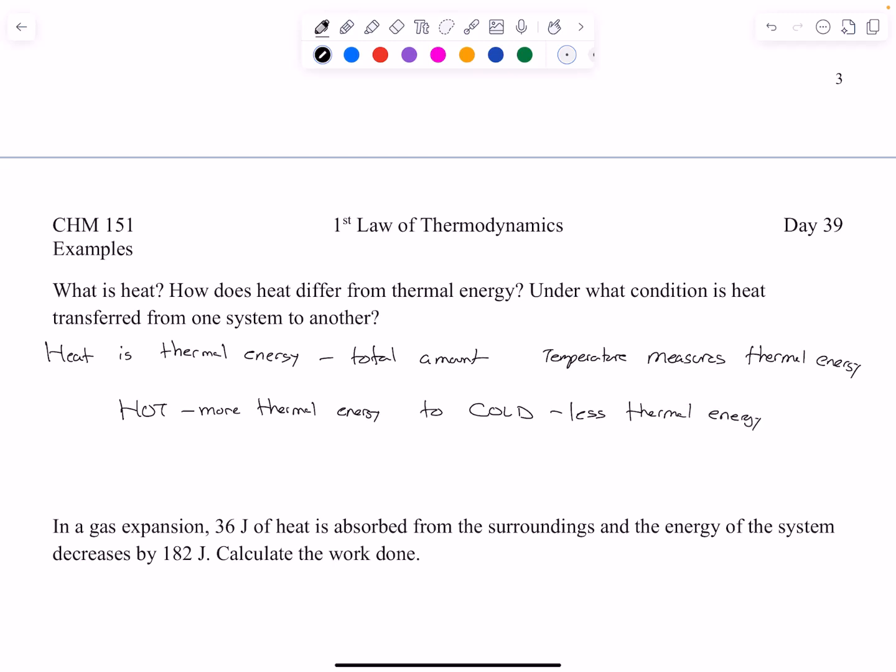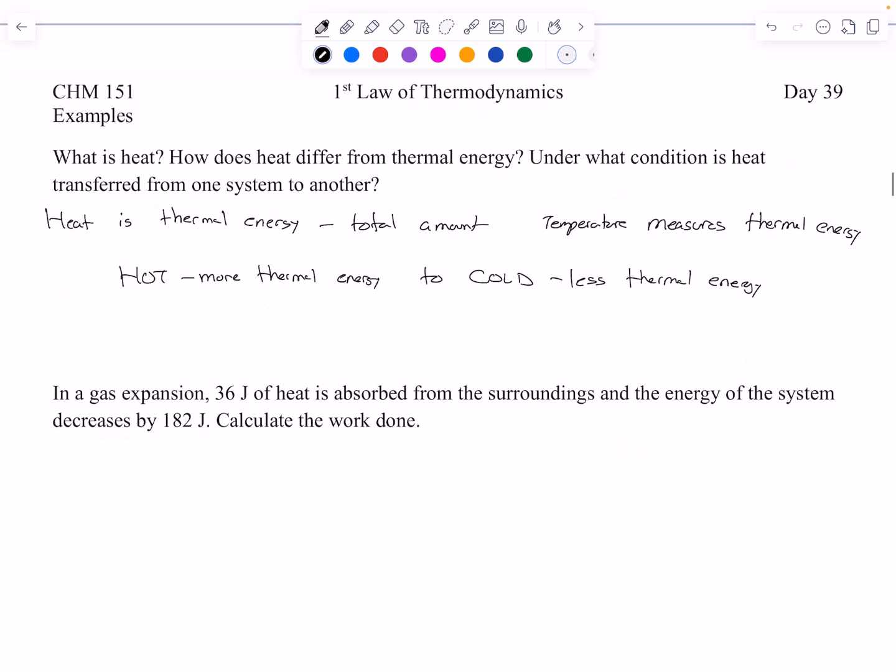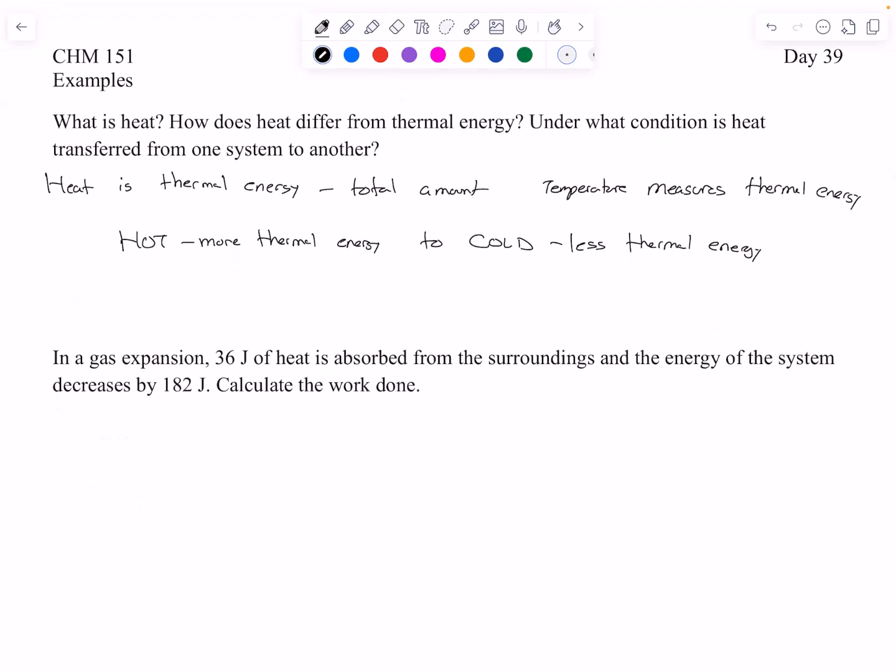All right? So it's always hot to cold. Hopefully that kind of makes sense. Heat's transferred hot to cold, and I think we already knew that, right? That's how we get burnt. And then heat is the total amount of thermal energy. Temperature measures thermal energy, but heat is the total amount of it.